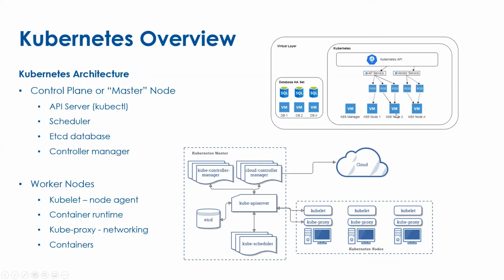And so these kind of diagrams here show what the different pieces are and where they run. This shows the layout of an application that you might have: a standard database set up, and then a management VM, one or more nodes, and then pods would be run on the physical or virtual machines.